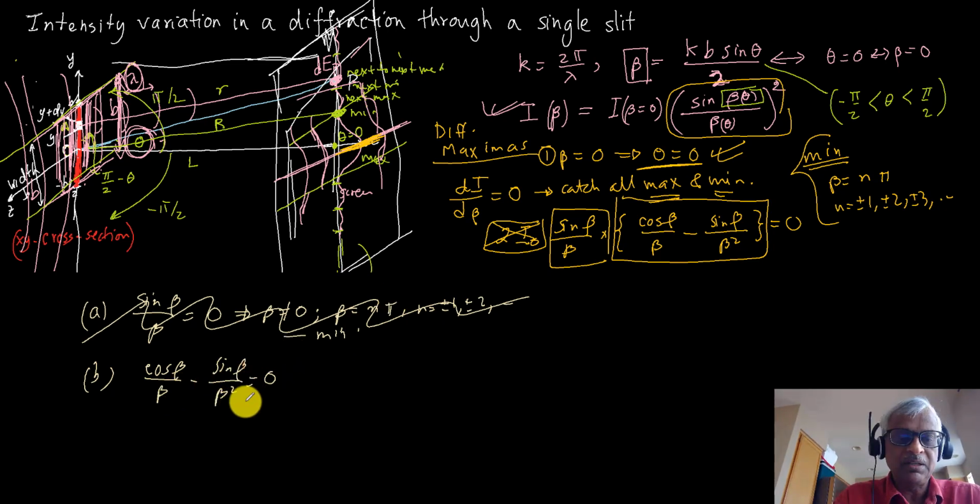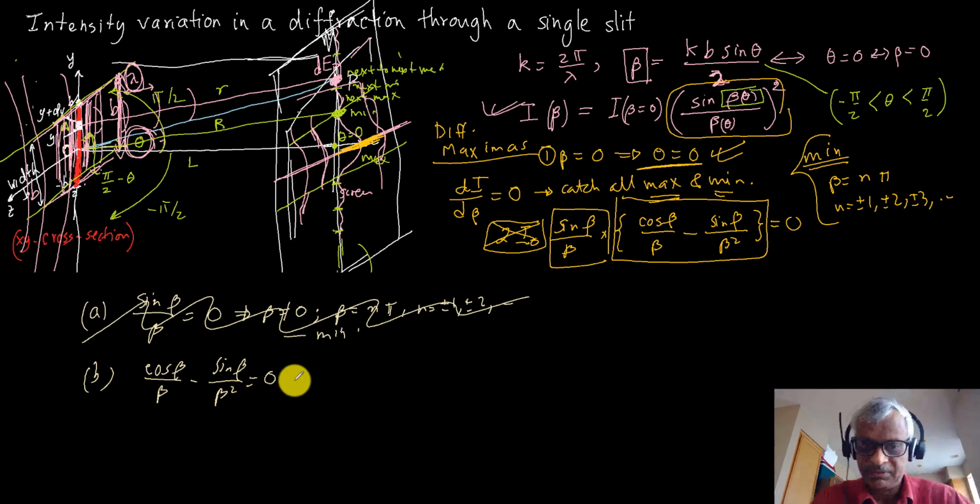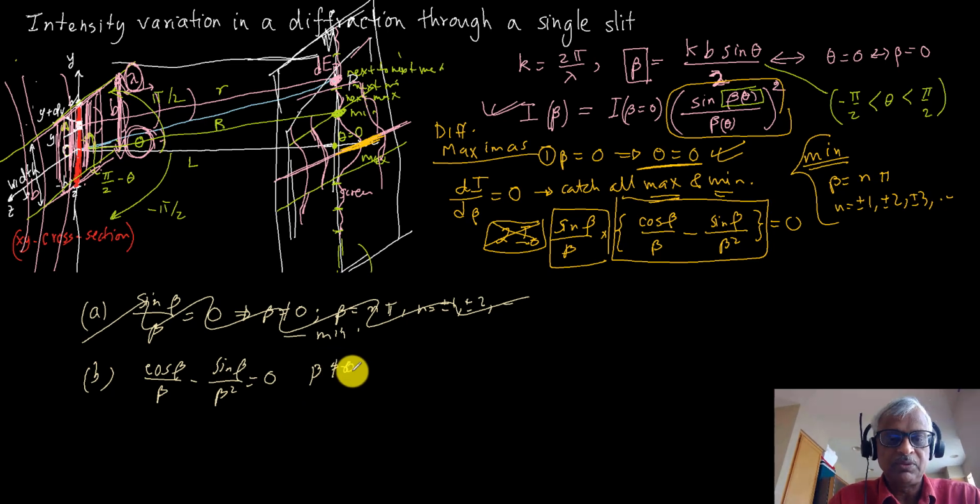So choice B. Let's multiply by beta square. Beta is in the denominator, so we are not looking at beta equal to 0, and we can just multiply. I have beta cosine beta equals sine beta, and so we need to solve this problem.